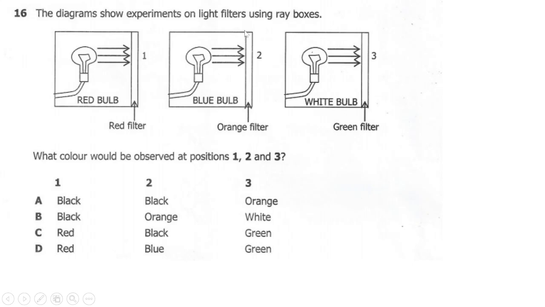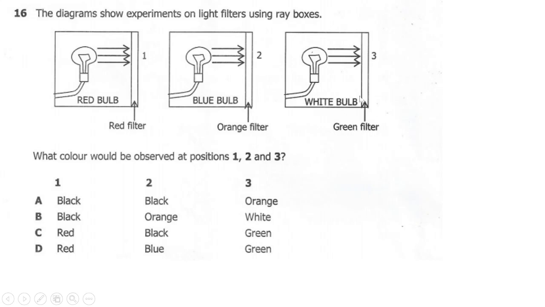Since the filter is orange and the light is blue, it will not be allowed to go through, unless this light was orange. So it will be blocked by the orange filter here. So at 2 there will be just black, no color will be observed. In short, there will be black.